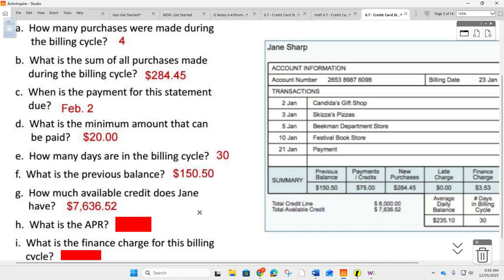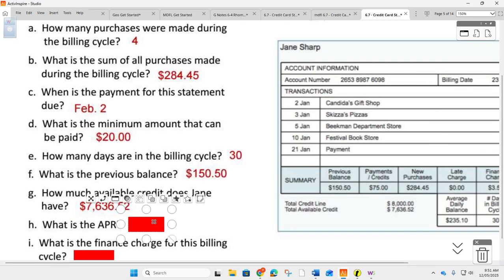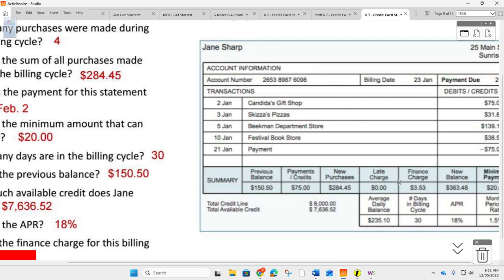Perfect. What's the APR, Chikias? The bottom right-hand corner. See it? Yep. And the finance charge for this billing is given in this box.